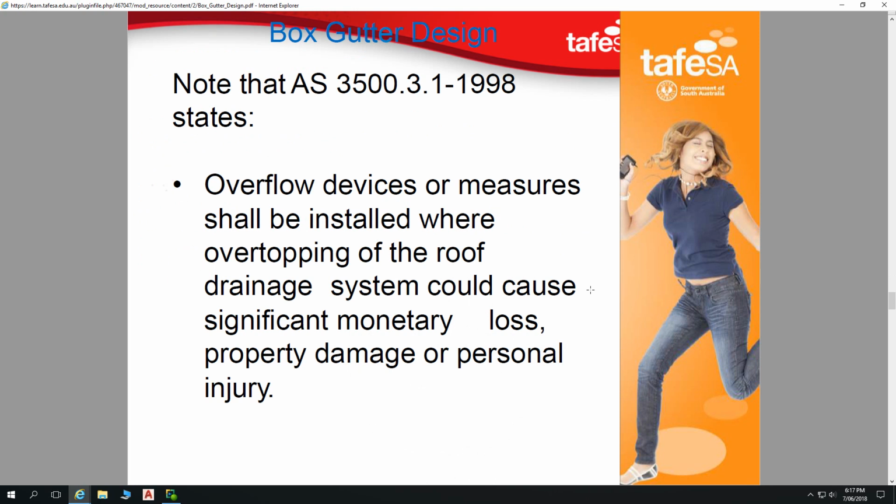Note that AS3500 says overflow devices or measures shall be installed where overtopping of the roof drainage system could cause significant monetary loss, property damage, or personal injury. So basically, you have to have some sort of overflow mechanism, because with pretty much any box gutter scenario, that's going to be the case.